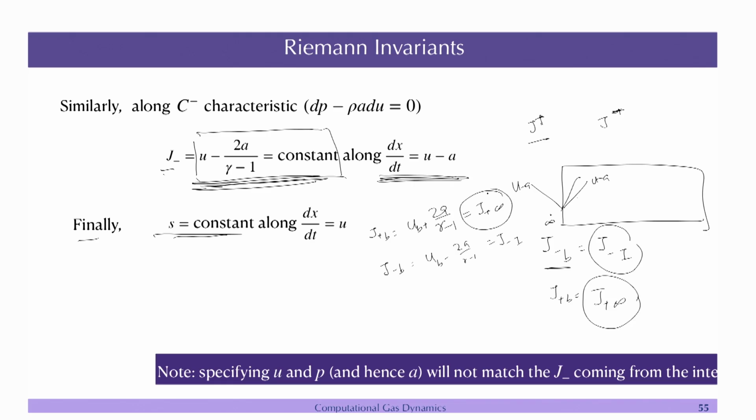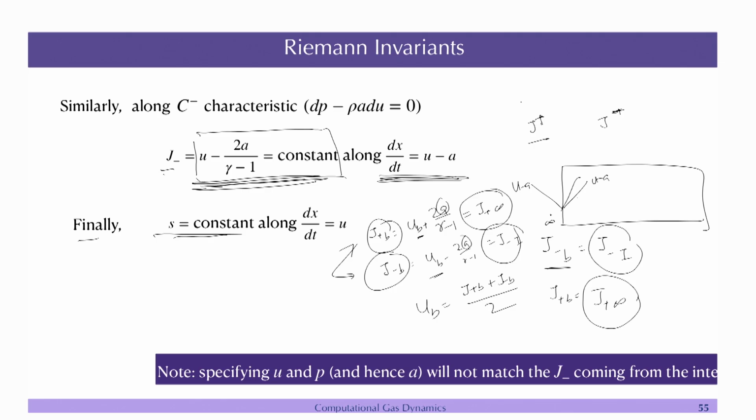You know this value from infinity, and you know this value from the interior. So, if you want to get u b, you just add them and divide by 2. So, u b is equal to (J plus b plus J minus b) by 2, and similarly you can manipulate and get the value of a also from this.